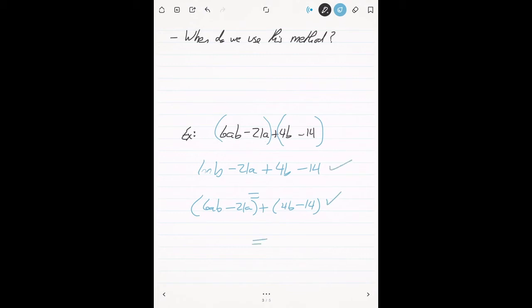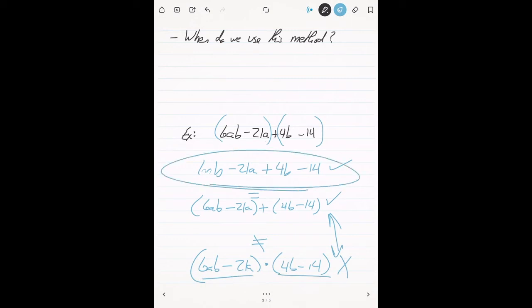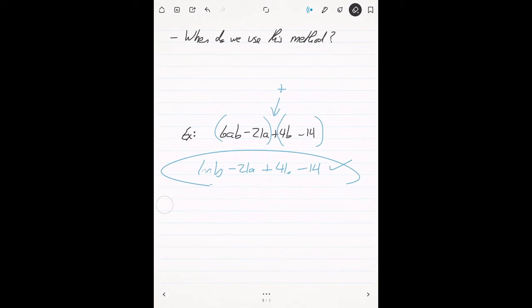What I am not saying is that these are equal to 6ab minus 21a and then the 4b minus 14. These are not equal to each other, okay? Because this implies multiplication. If you didn't put that plus sign there, you would be saying, let's multiply these together. That is not what we have here, so do not go about doing that. Always make sure you include that plus sign in between, okay? Let's clear some space now and actually go through that grouping process.